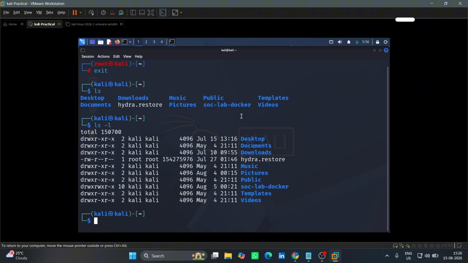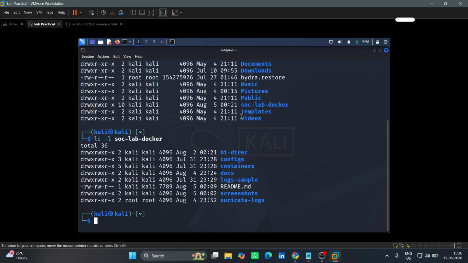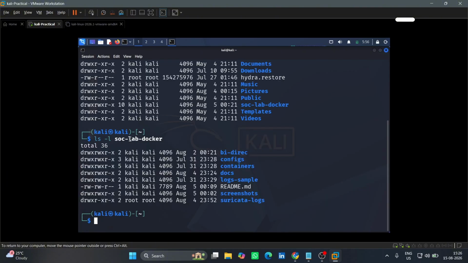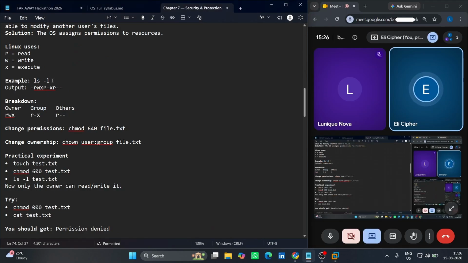I will run ls -l sock lab-docker. Now inside sock lab docker, I have this many files, and I also list the permissions of those as well. So you can use -l for detailed information and ls for listing.